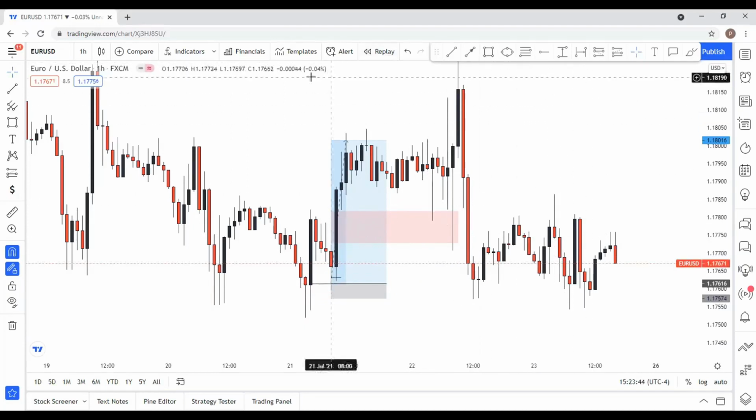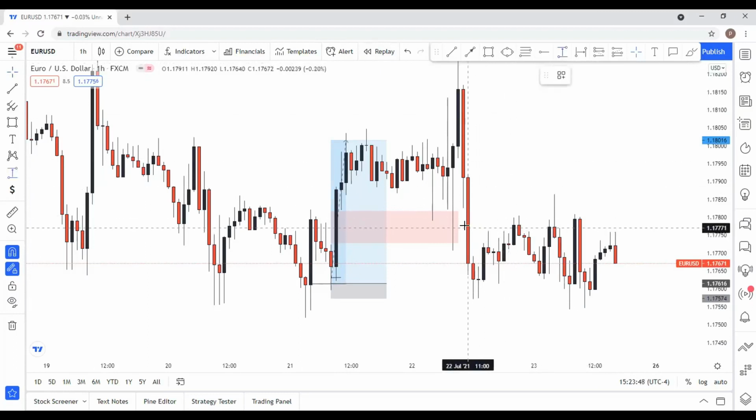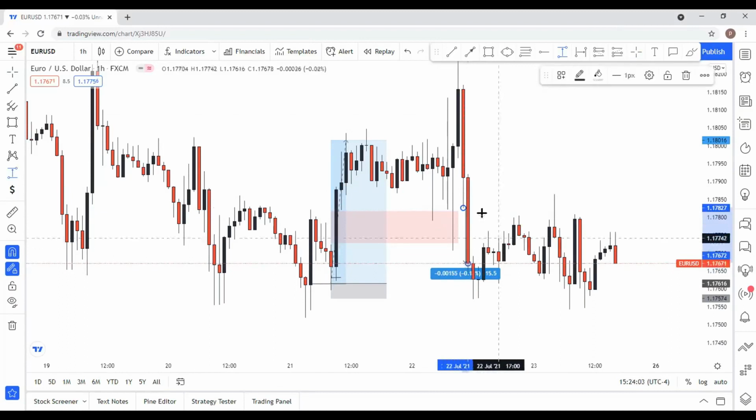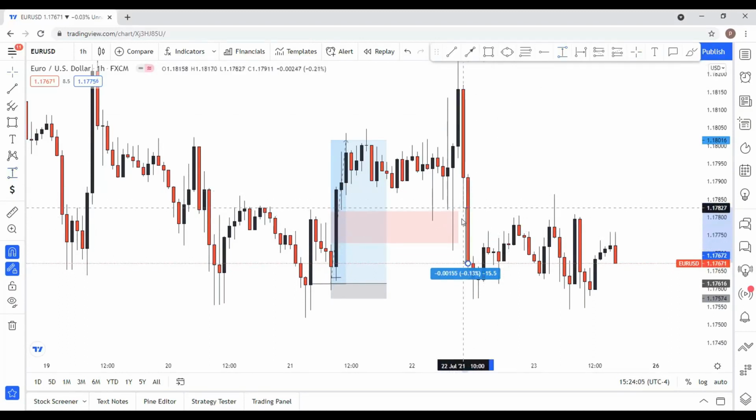So let's check it out now. I'm going to use this, and this would be 50%. That would be your entry. That would be 15 pips, but the entry isn't quite there.